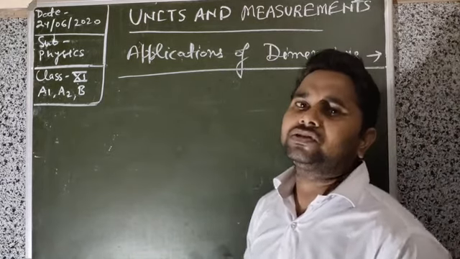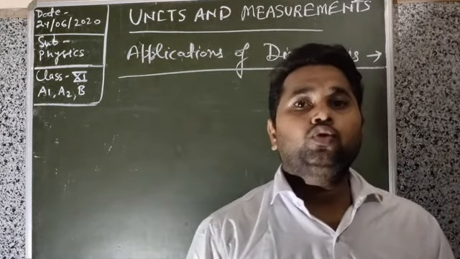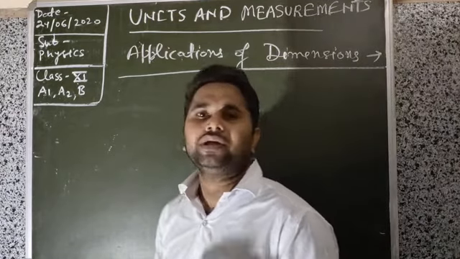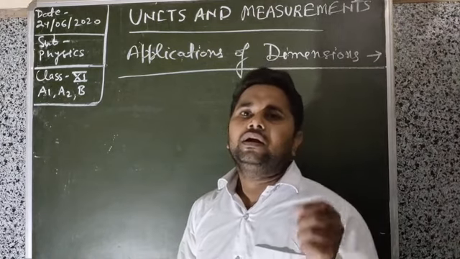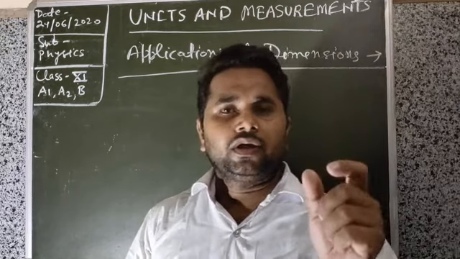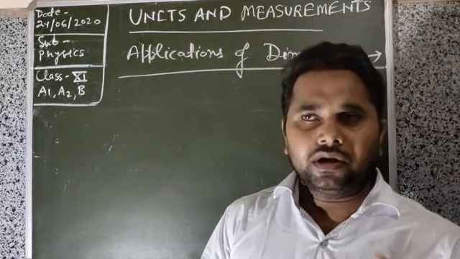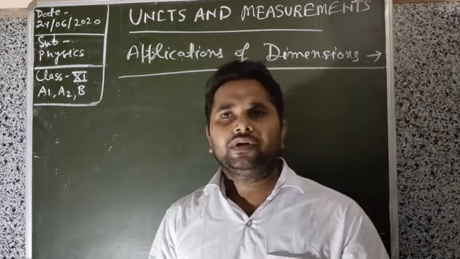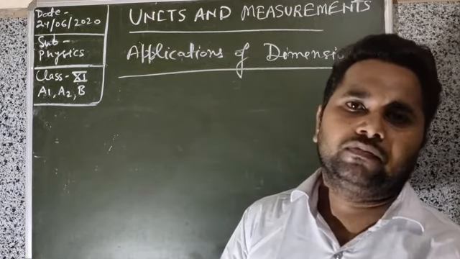In applications of dimensions, in your syllabus there are three applications. First, to convert the given physical quantity from one system of unit into another system of unit. Second, to check the dimensional correctness of a physical relation; any formula for the given physical quantity can be checked dimensionally by this method.